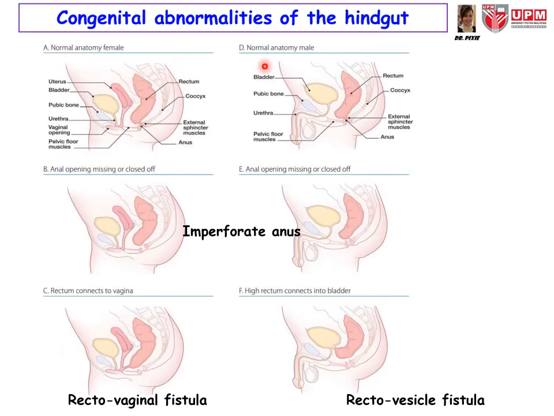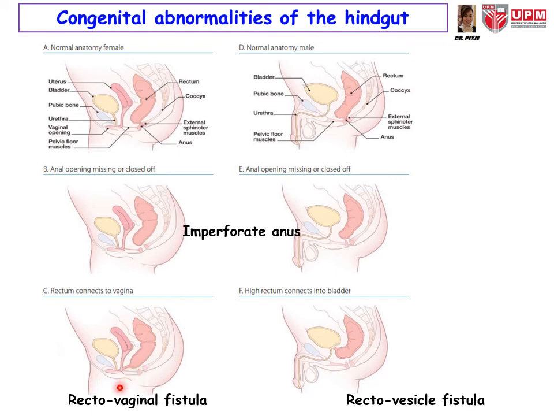The diagrams A and D are showing the normal partition of the hindgut in female and male, and here are showing the congenital abnormalities involving the hindgut in the female and the male. Here, B and E are both showing the anal opening missing or closed off. And below here is showing a fistula which is occurring at the higher level.